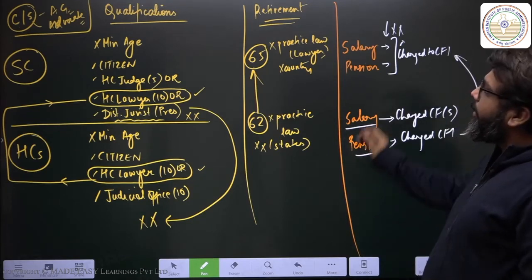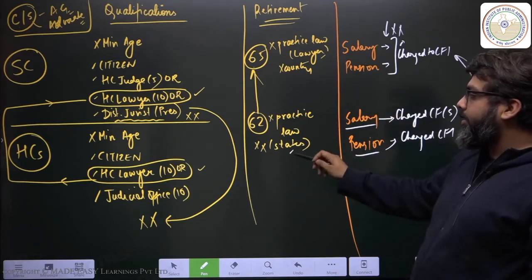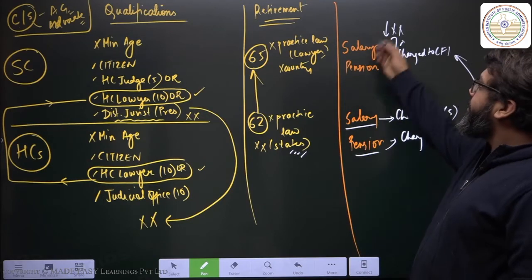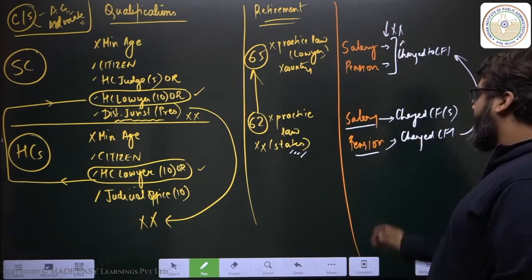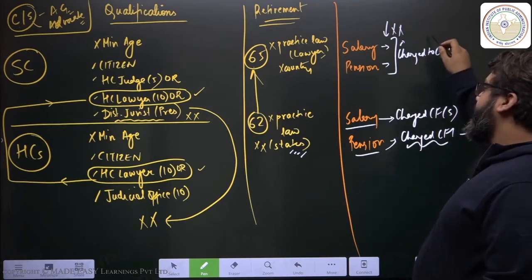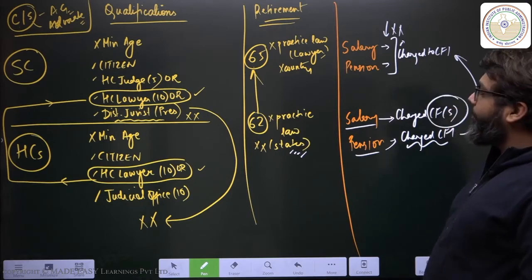Why? Because it has been nationally decided that High Court judges cannot practice in the states. So it is the responsibility of the center to take care of their post-retirement well-being. So pension is charged to the CFI, but the salary of High Court judges is charged to the consolidated fund of the state.